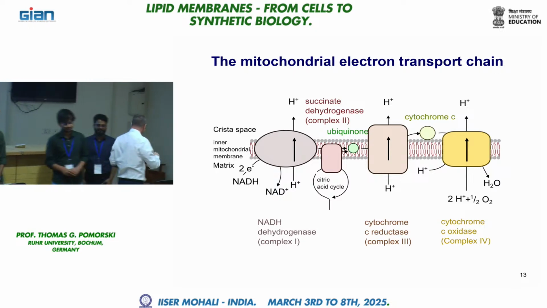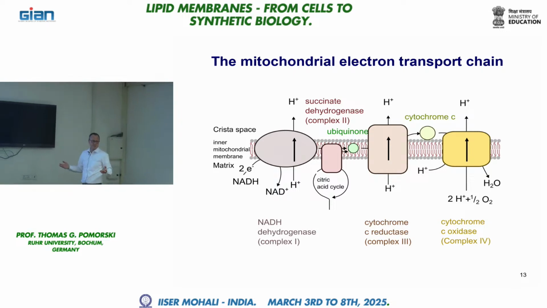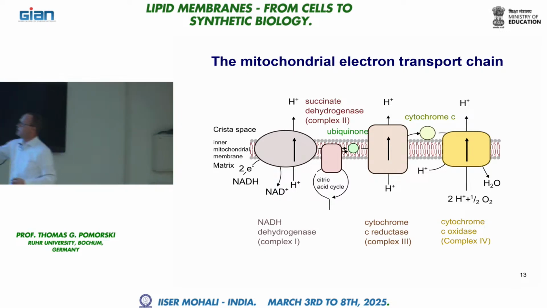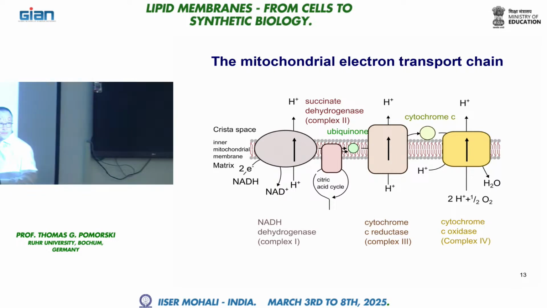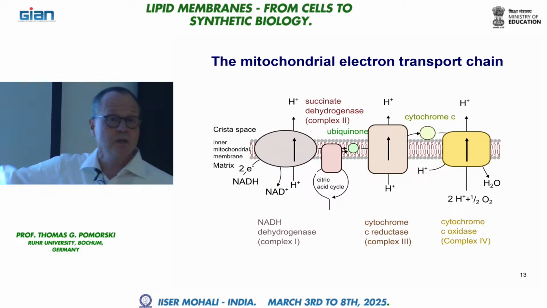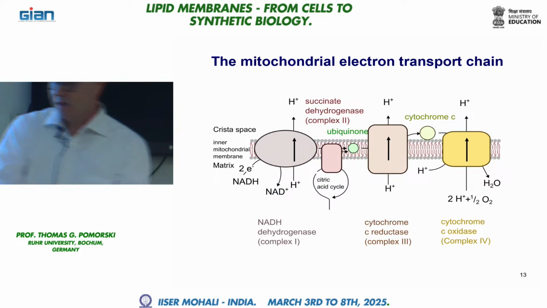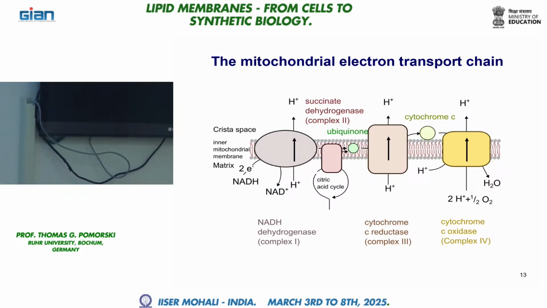That was a little illustration that this drawing is actually misleading. It serves a good purpose to explain each step, but it doesn't reflect that when you put these proteins in the membrane, they would form a very tight complex. Okay, good, that we have understood.